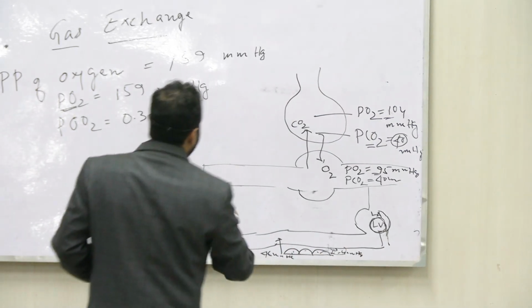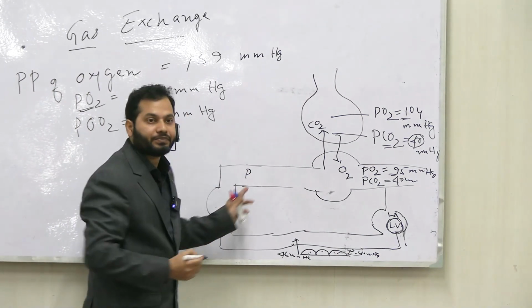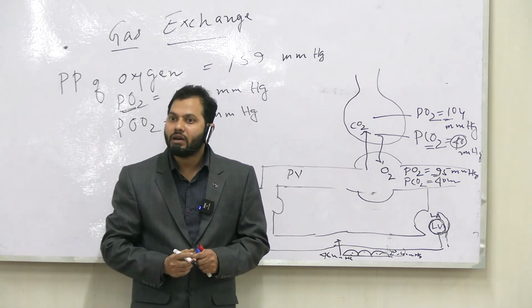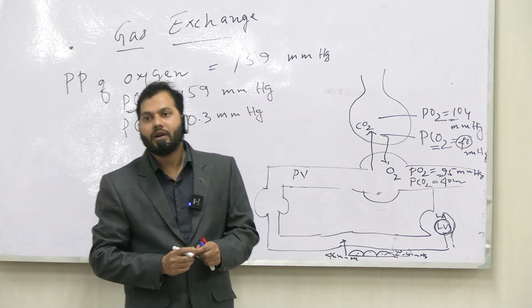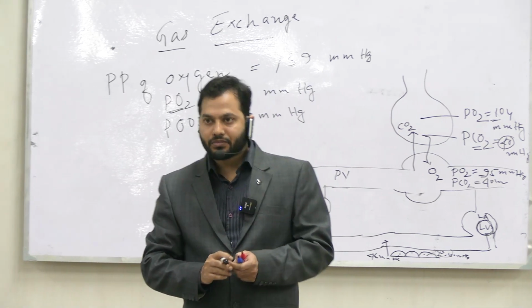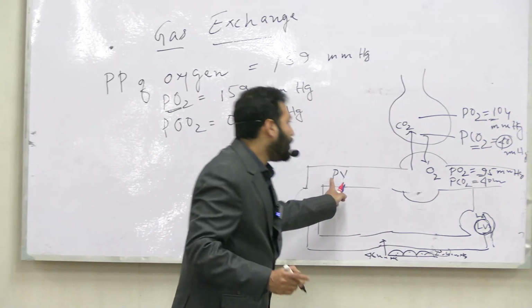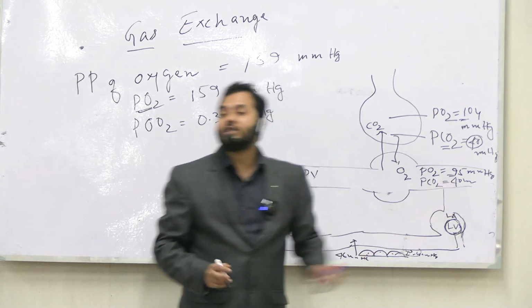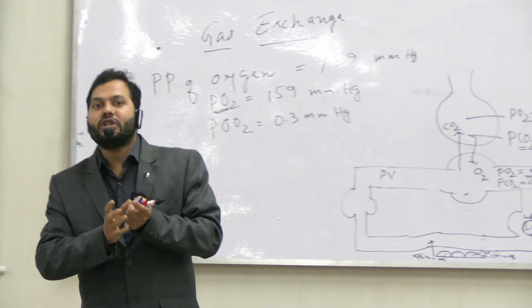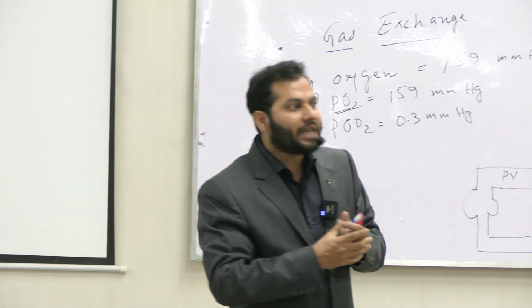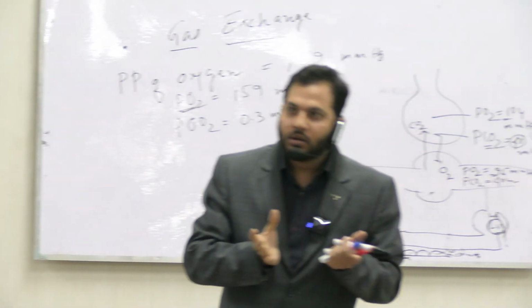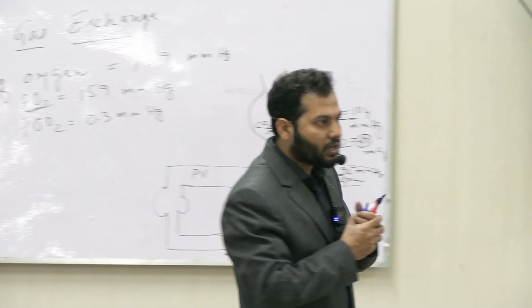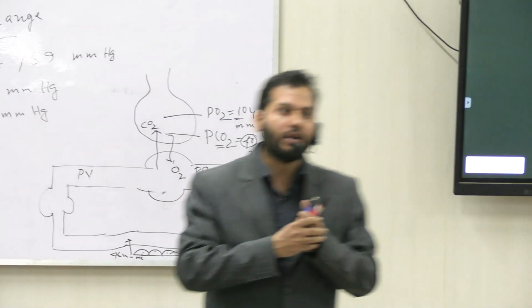Now here, this is pulmonary vein. Pulmonary vein. Now, sorry, this is pulmonary artery actually. This is pulmonary vein because in the respiratory system, the arteries carry deoxygenated blood and veins carry oxygenated blood.